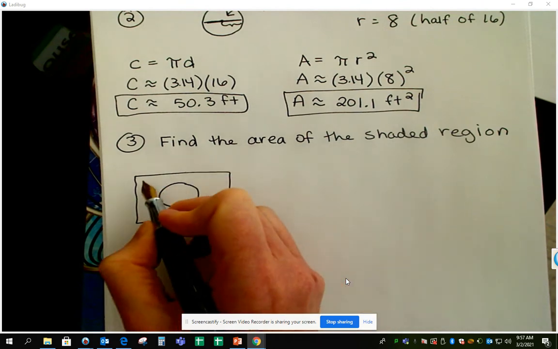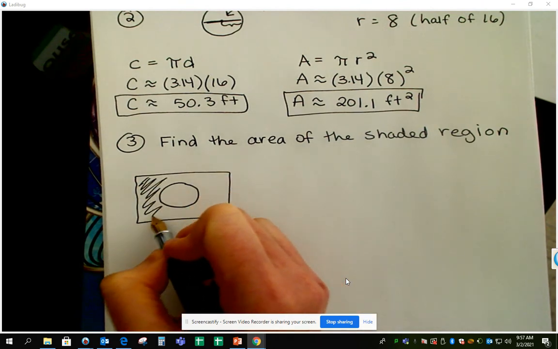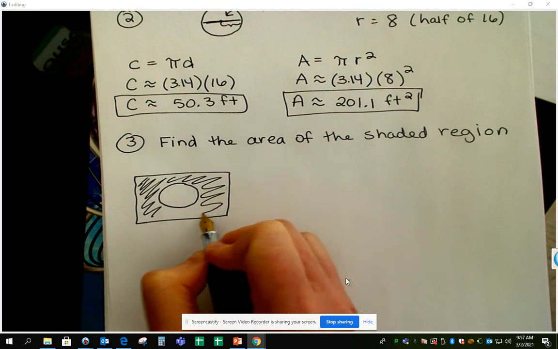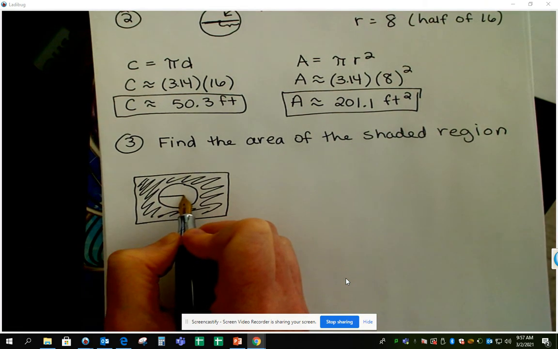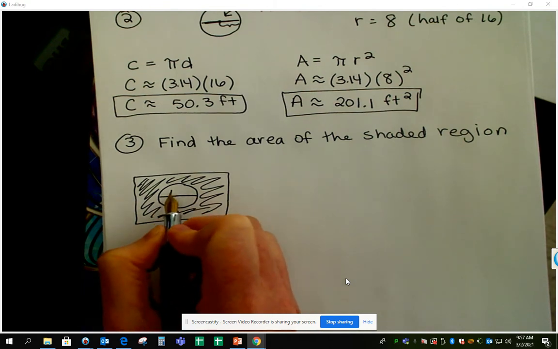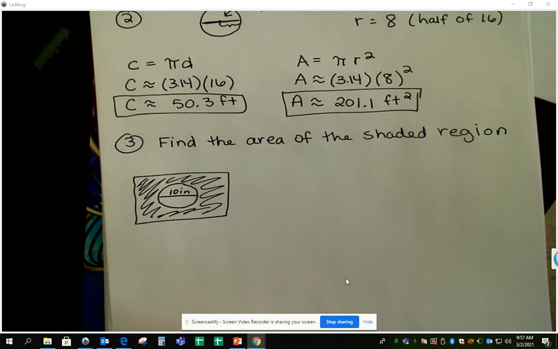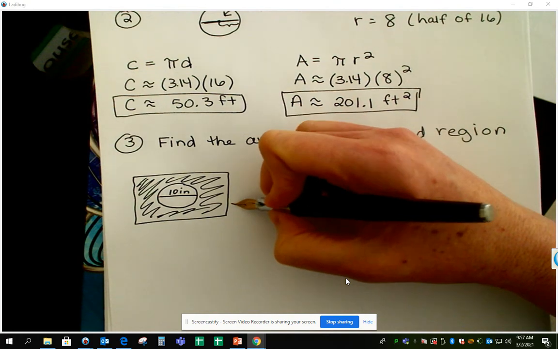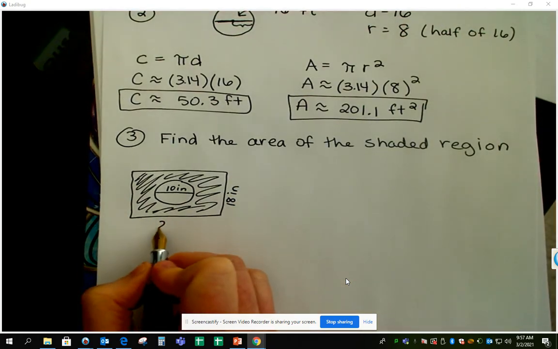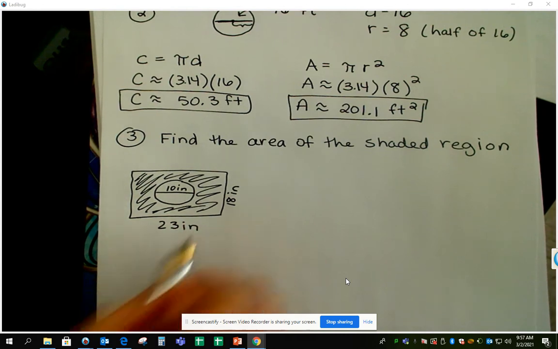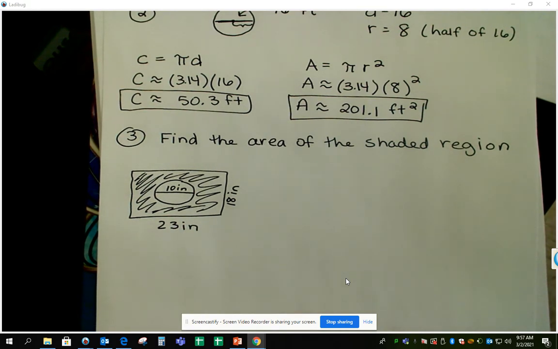And the outside of this part, everything that's not the circle, is our shaded in part. We're told that the diameter of our circle is 10 inches. We are told that this is 18 inches and this is 23 inches. Okay, so pause, see if you can do it.